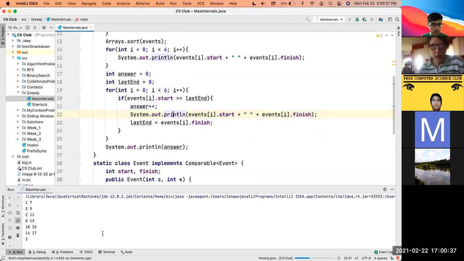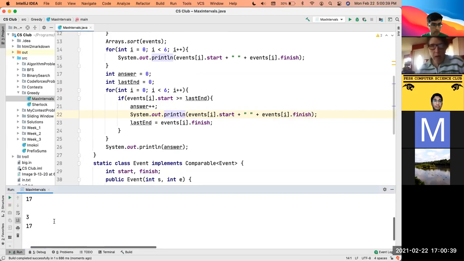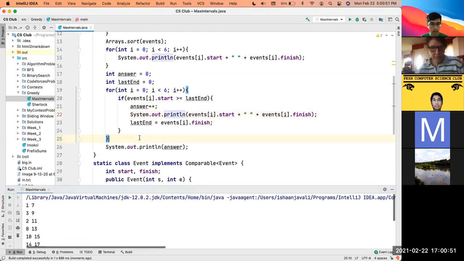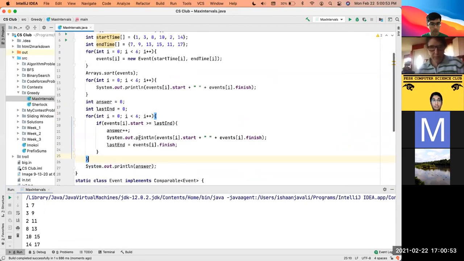And if we do this, it'll also tell us which events we should do. So you can see it printed out 1 and 7, 8 and 13, 14 and 17. Because those 3 intervals are all compatible with each other, and these are the maximum number of compatible intervals we can take together. So are there any questions about this code and how it works?